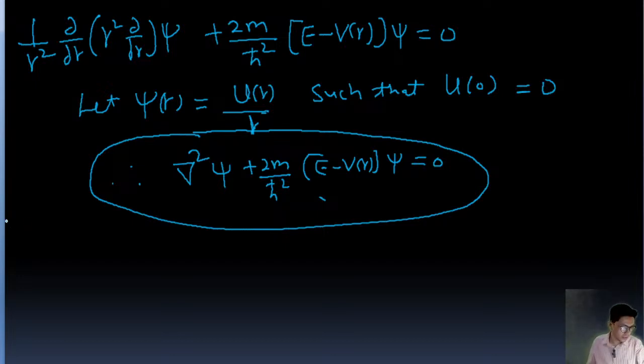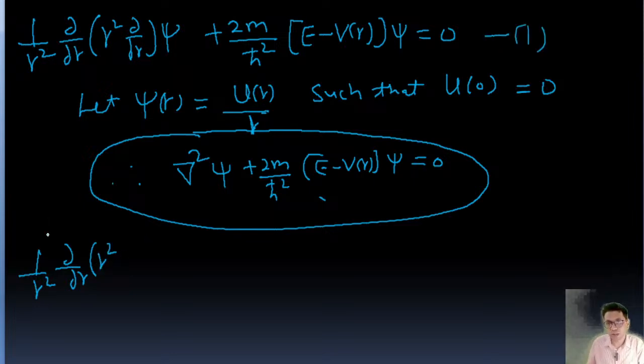So this is going to be 1 upon r square del upon del r of r square del upon del r, and instead of psi, we'll put u(r) upon r, where u is a function of r. This is equation 1.